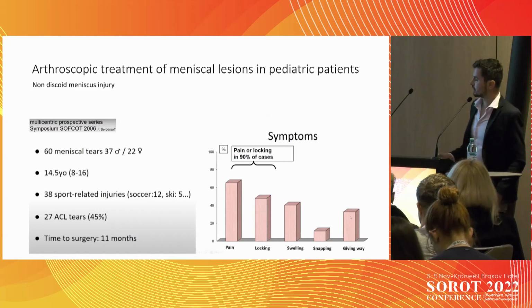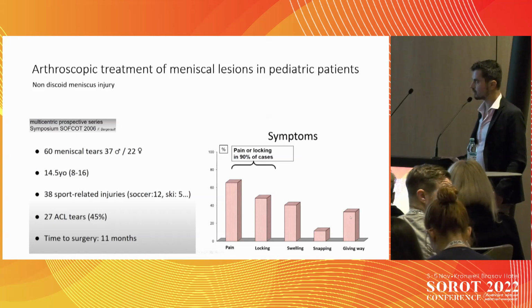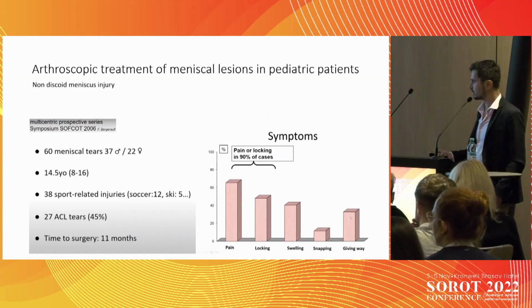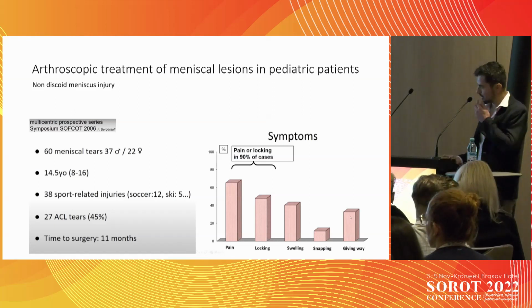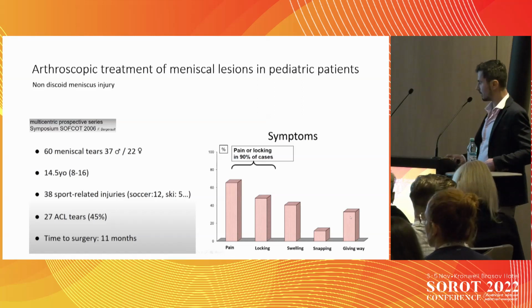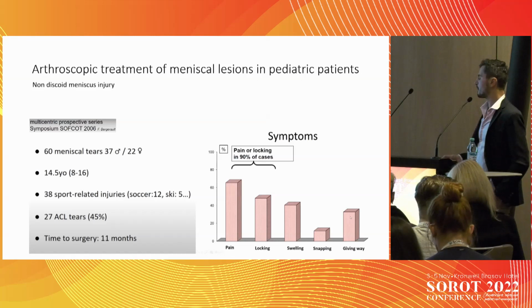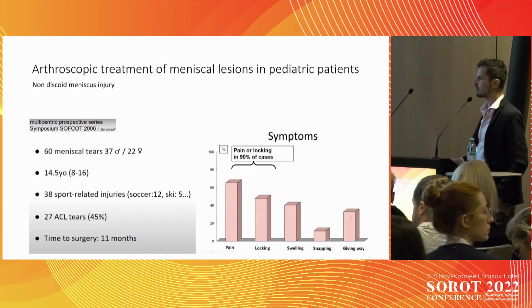A little study about non-discoid meniscus injury, a multicentric prospective series, symposium SOFCOT. So a lot of meniscal tears, the age 14. And it's interesting to note there are not a lot of ACL tears in the population, and time to surgery is 11 months.